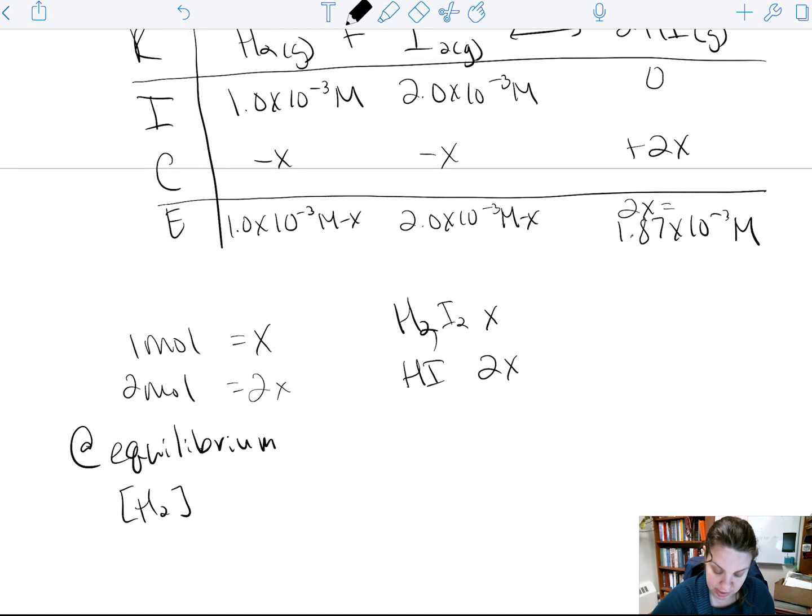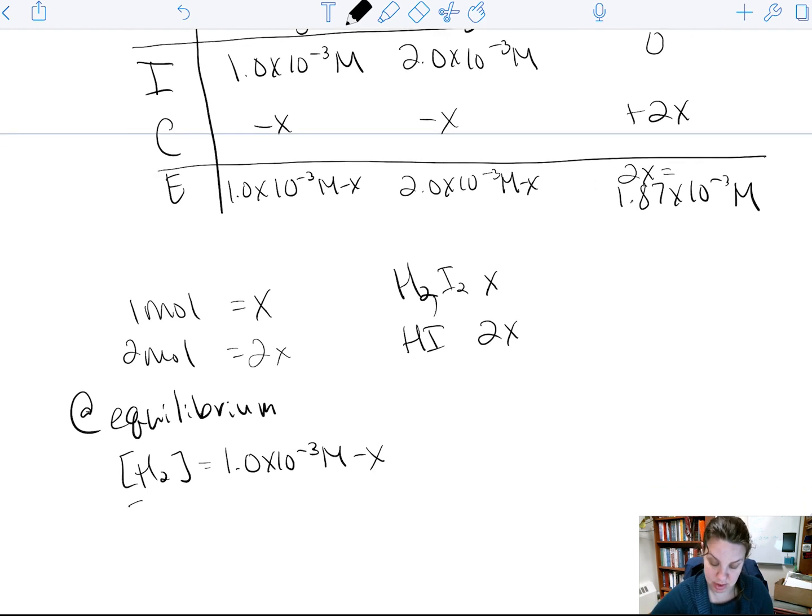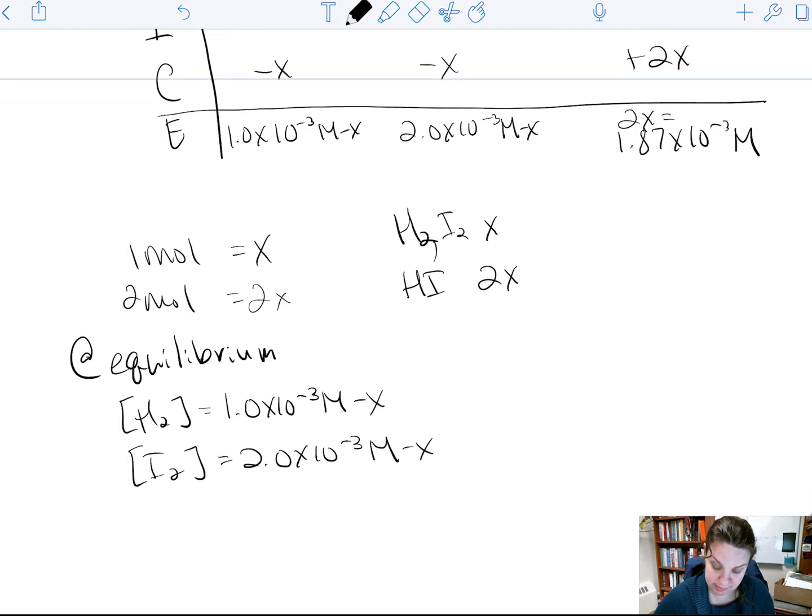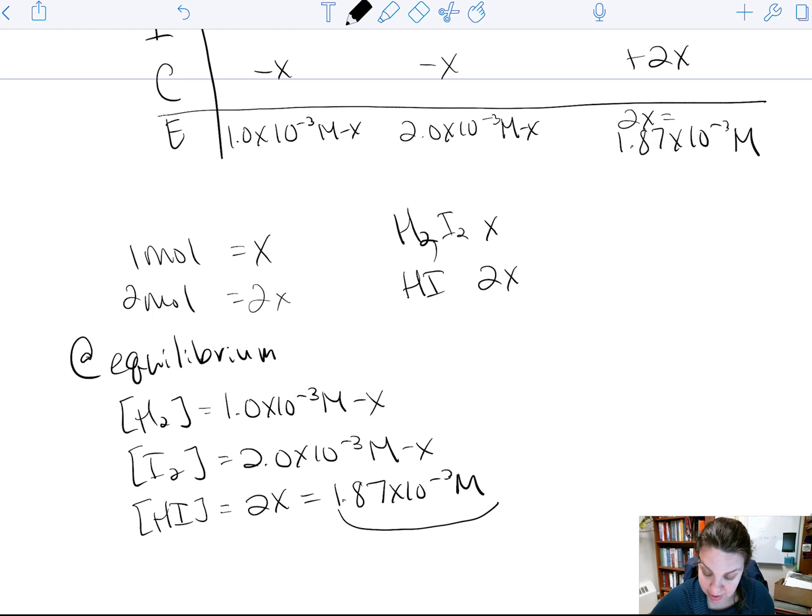Our H2 has a concentration of 1.0 times 10 to the negative 3 molar minus x. Our I2 has a concentration of 2.0 times 10 to the negative 3 molar minus x. And our HI has a concentration of 2x, which equals 1.87 times 10 to the negative 3 molar, because this value was given as the equilibrium concentration.